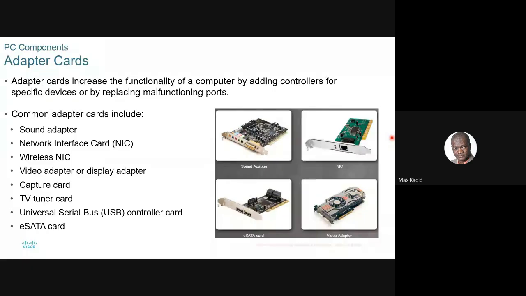If you want to use a network cable, you buy a network interface card adapter. Without it, you cannot go to the internet on your PC. If you want to use Wi-Fi on your PC, you buy one for the Wi-Fi. So anything extra that your PC doesn't have, you buy and you plug. You can read this one quickly and continue.